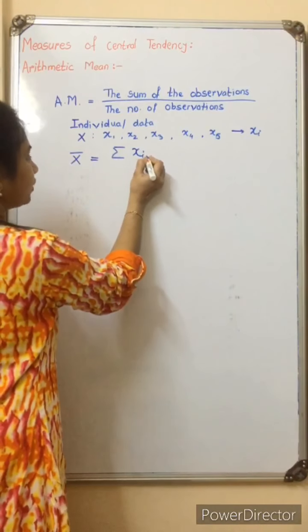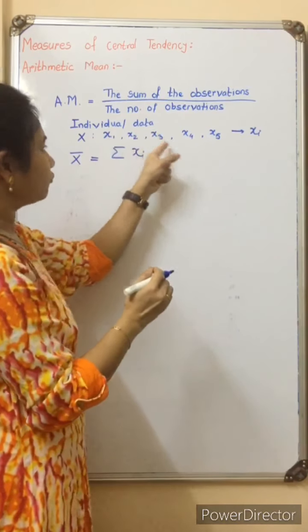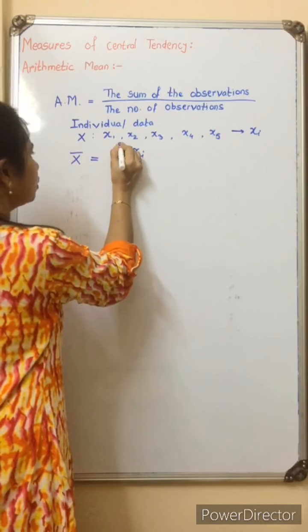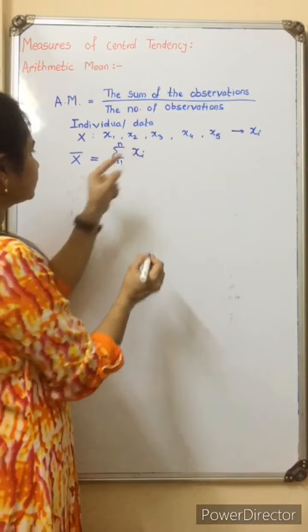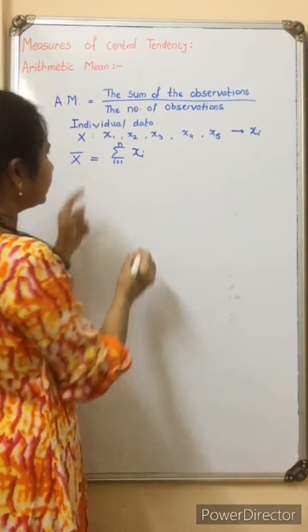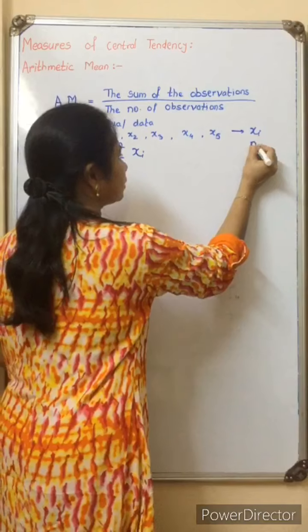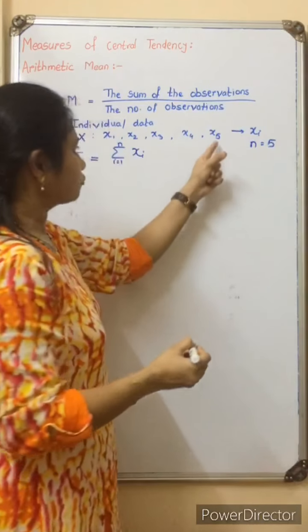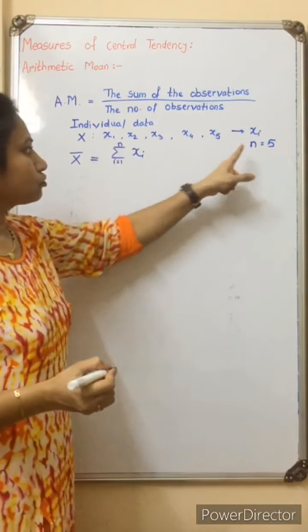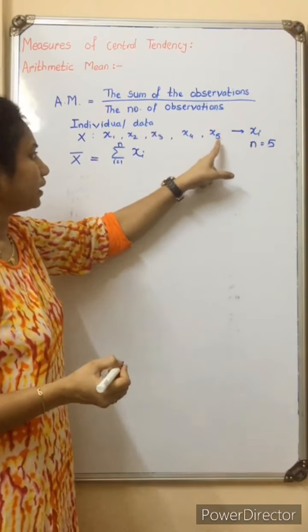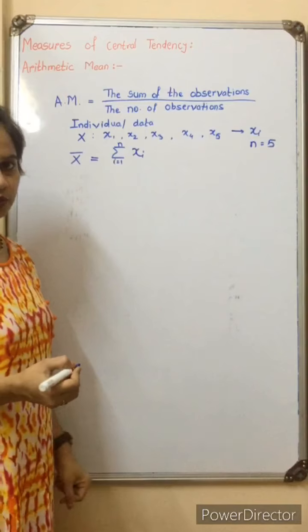I is a suffix which shows the observation, and I is from 1 to n. What is n? n is the number of observations. In this case n is equal to 5 because we have 5 observations.